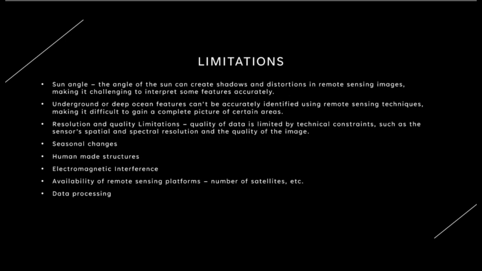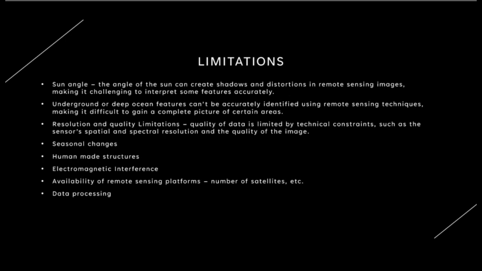Another limitation is human-made structures. Remote sensing can be affected by buildings, roads, and bridges, which obscure the underlying natural features and make it challenging to interpret the data accurately. The impact of human-made structures can limit the accuracy and usefulness of remote sensing data in some applications.